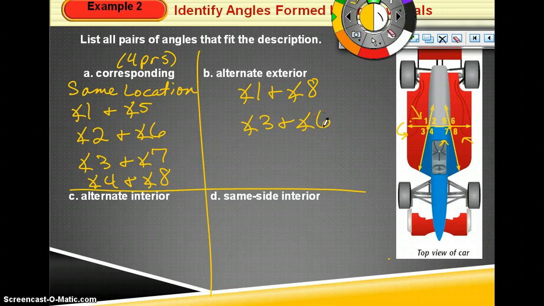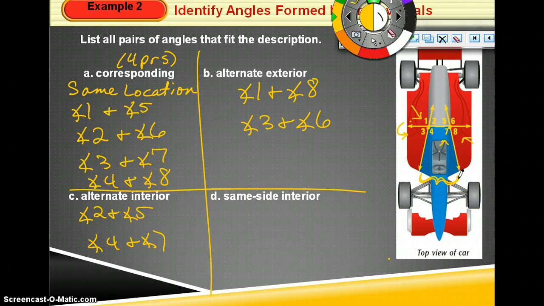How about alternate interior? So you're looking at the same kind of process there, but in between. So I'm looking in between these two lines. So that's going to be angle 2 and angle 5, and then angle 4 and angle 7. Same side interior, again, I'm looking in between these two because it says interior.